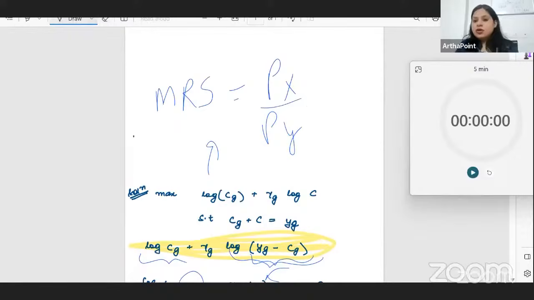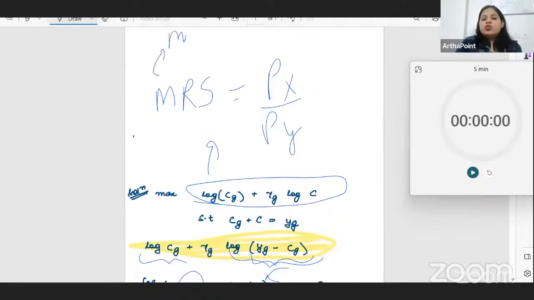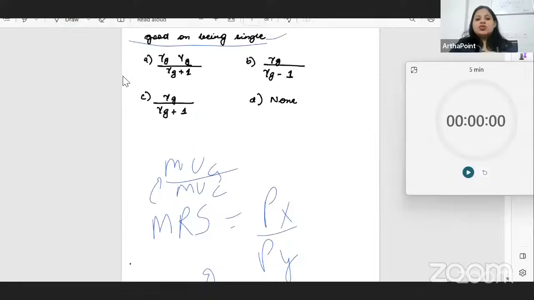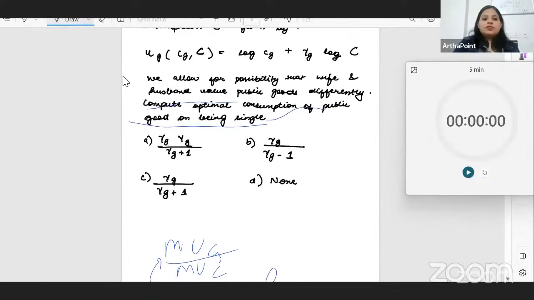So find the MRS of this. MRS will be MU CG by MU C. Equate it to the price ratio. In this case we are taking both prices as 1. You will get some equation, put it back in the budget line, get the optimal values of CG and C, or convert it into a single variable problem. So the answer to this question will be A.